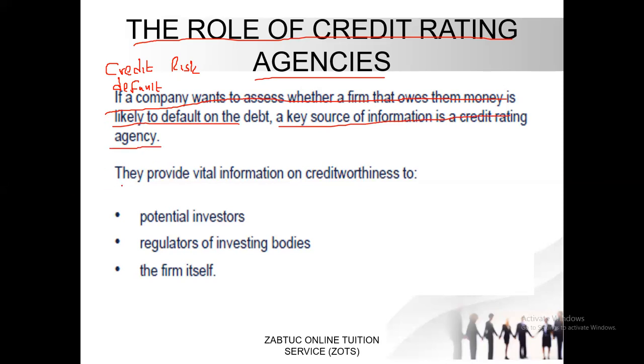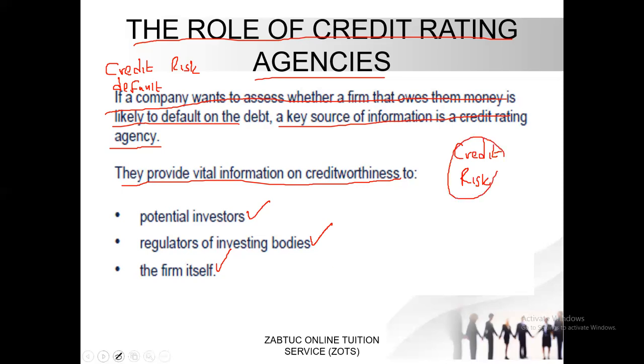These companies provide vital information on creditworthiness to potential investors, to regulators, and even to the firm itself. So this default risk, or credit risk, we don't have to struggle with, because it's given to us.